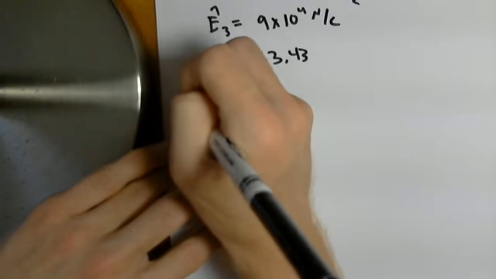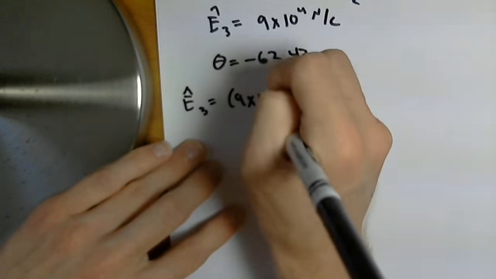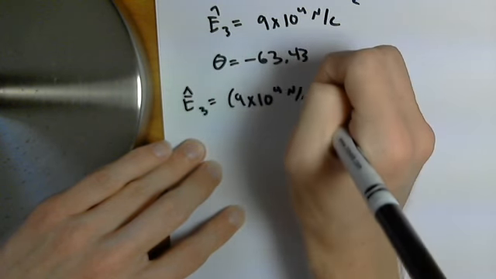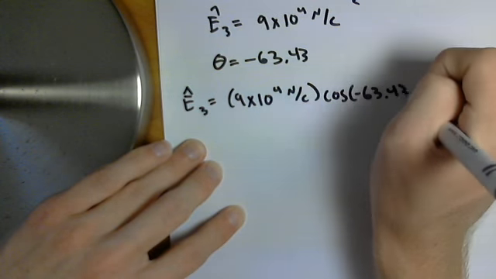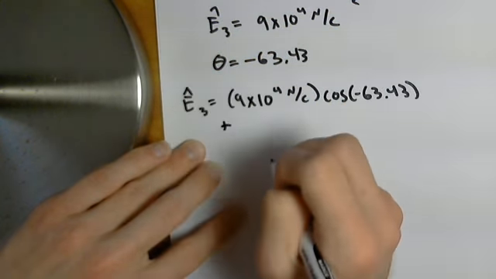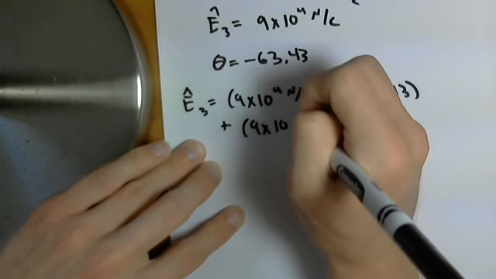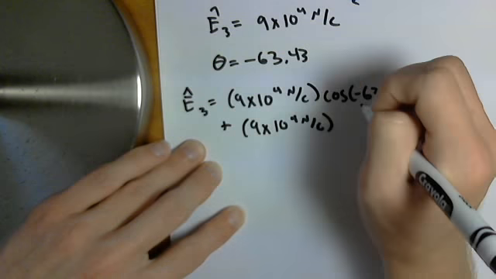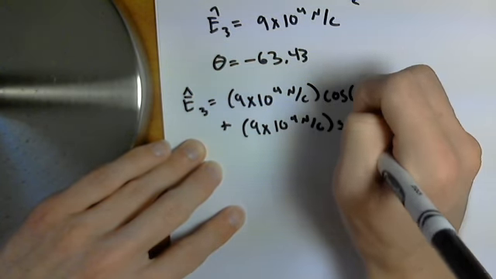So E3 equals 9 times 10 to the 4th cosine negative 63.43 plus 9 times 10 to the 4th sine of negative 63.